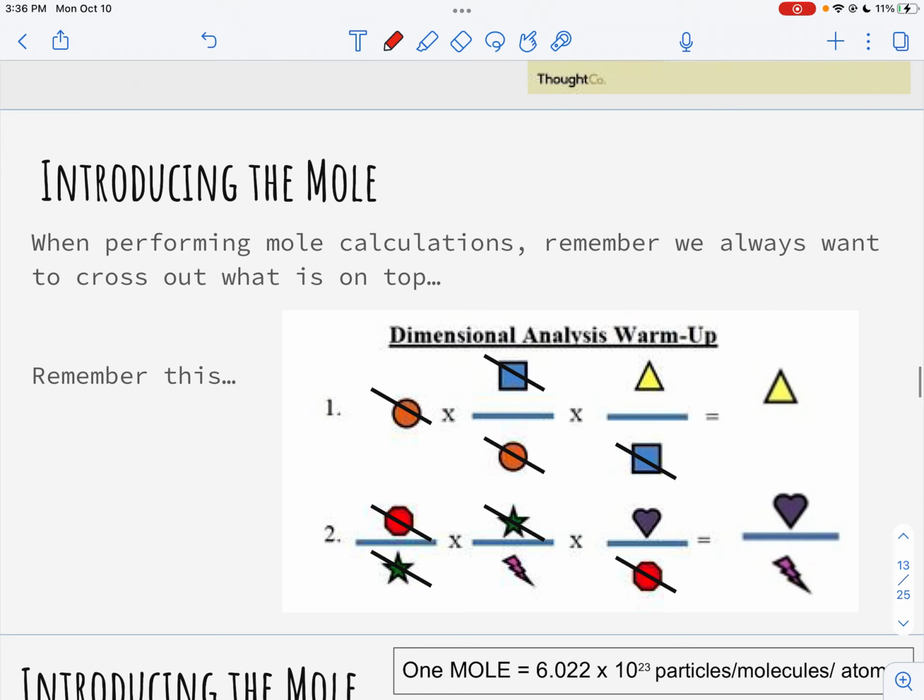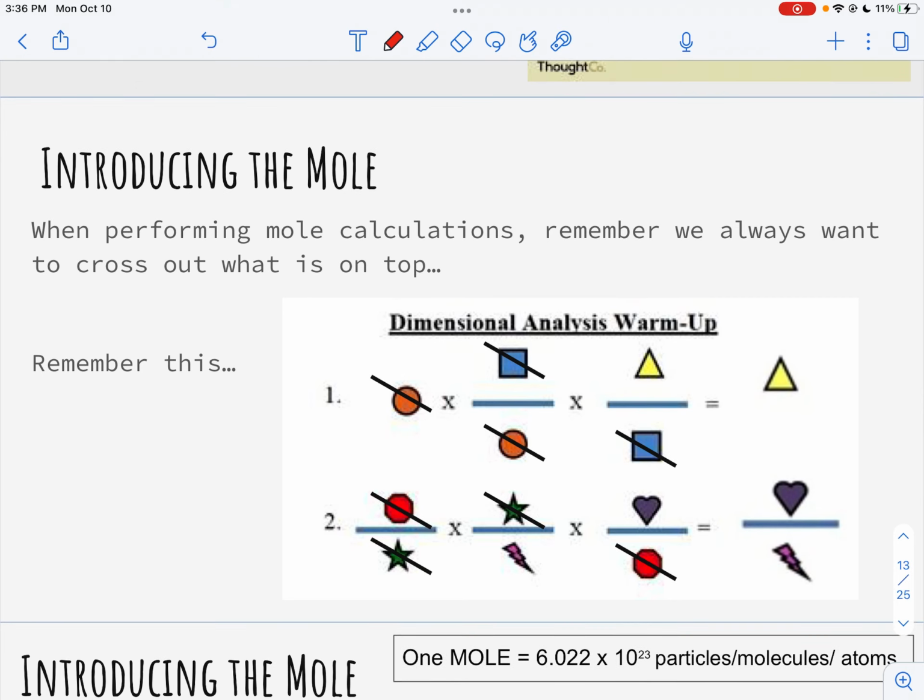So when we do our mole calculations, if you remember this picture, we always want to make sure that we're canceling out the units that we don't need anymore. And remember, the way that we cancel them out is we take whatever's on the top and we put it on the bottom so that it will cancel out. So the way that I get my yellow triangle is because the top and the bottom canceled out, so I'm left with the yellow triangle.